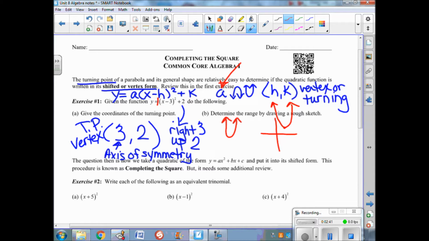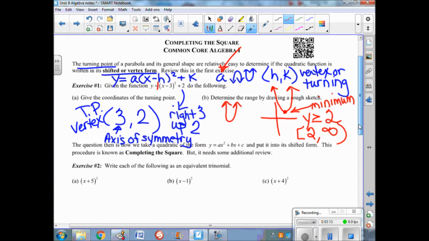A real rough sketch of that. I don't really know, looking at that equation, where the y-intercept is. To determine the range, we know this point is our minimum value, the lowest point, and then it goes to positive infinity. So our range would be y is greater than or equal to 2, or in interval notation, 2 to infinity.